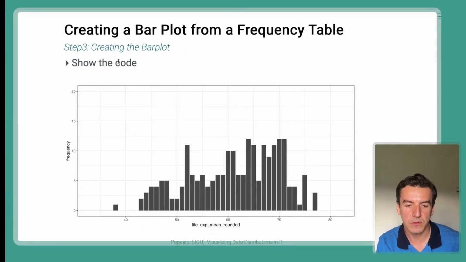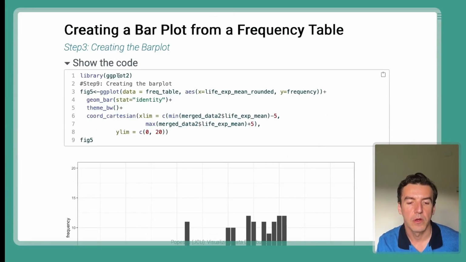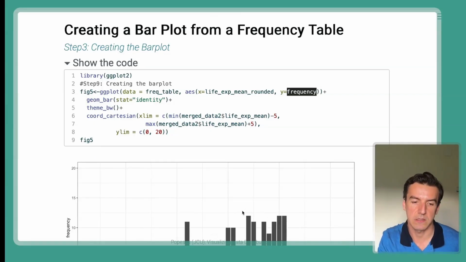How do we produce this graph? Simple. First of all, we load the library. Remember, this is ggplot2, not ggplot. We take the data frame, in our case, it's called frec table, and we say specifically, this is what our x should be. So this is life expectancy mean rounded. And this is what our y should be. So this is y, and then the x is the horizontal axis.